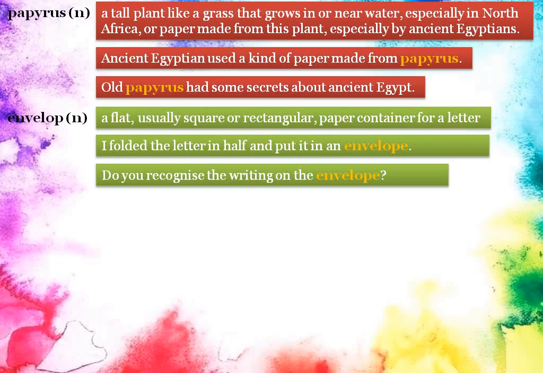A tall plant like a grass that grows in or near water, especially in North Africa, or paper made from this plant, especially by ancient Egyptians. Let's have examples. Ancient Egyptians used a kind of paper made from papyrus. Old papyrus had some secrets about ancient Egypt.